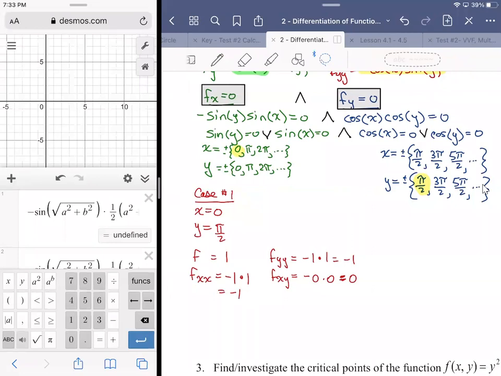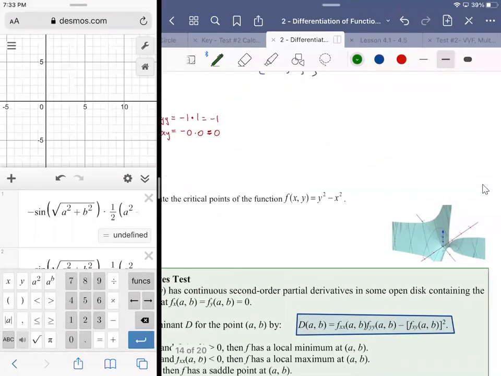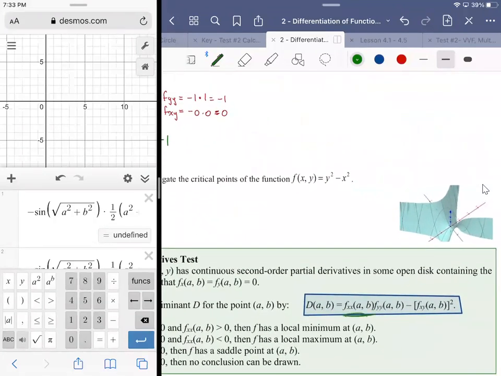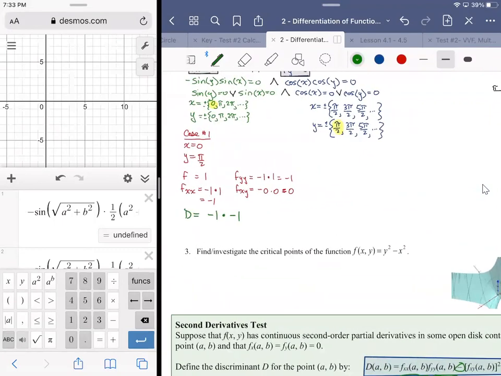So I need my D. D is the product of the ordinary partials. The -1 times -1. And you can see, again, the formula, it's really just the product of the two, subtract from it the mixed one squared. So it's basically the product of each type of second order partial derivative.